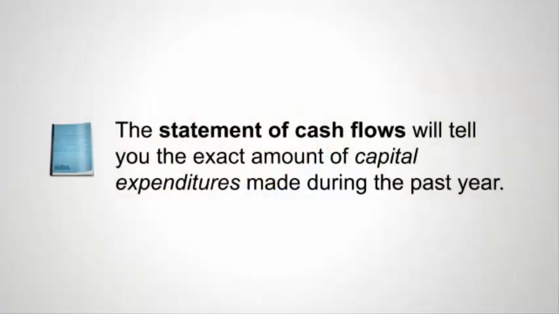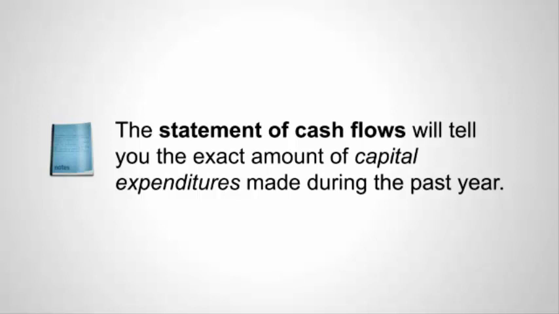In other words, if I look back at last year's financial statement, maybe it was $180,000 already, and the book value was $20,000. I'd have to have comparisons. So here's the better answer. The better answer is you look at the statement of cash flows, and it'll tell you exactly the amount of capital expenditures made.